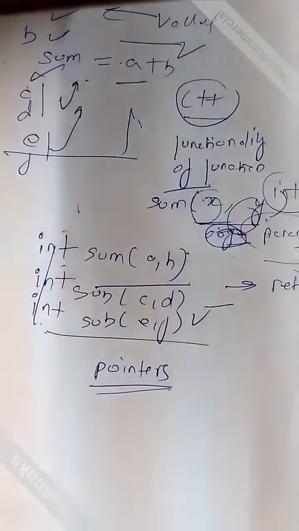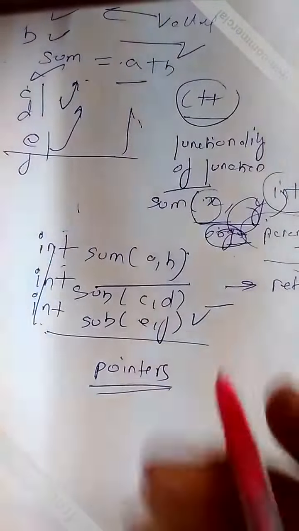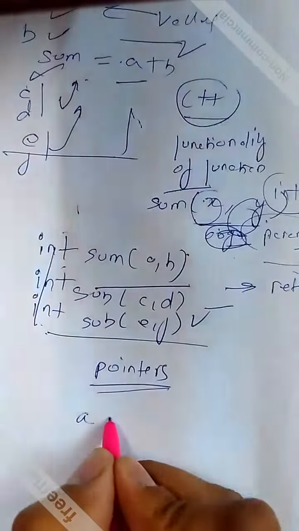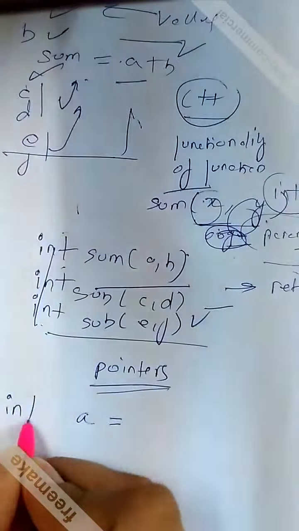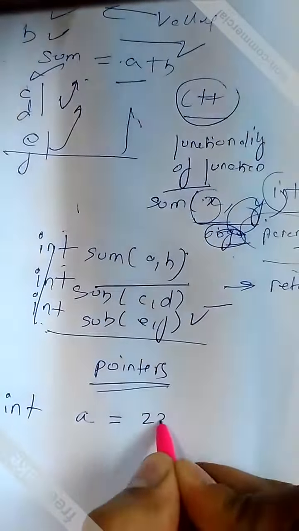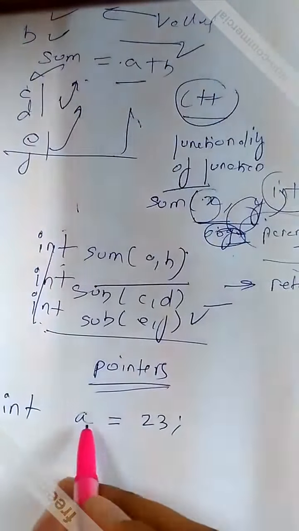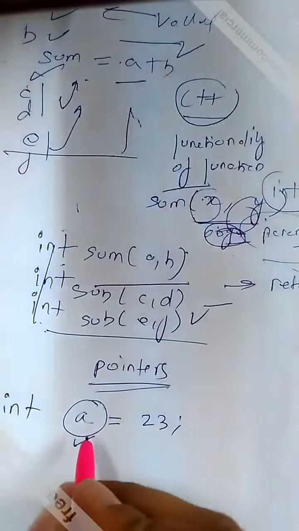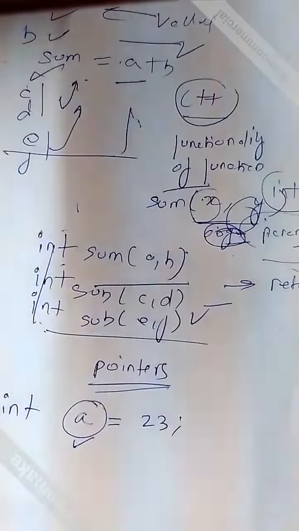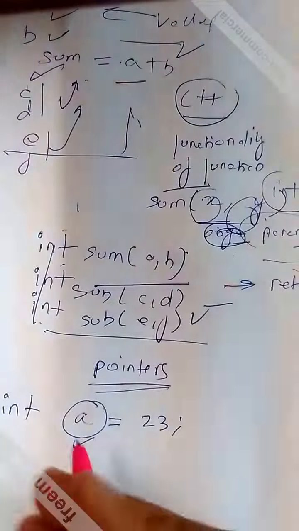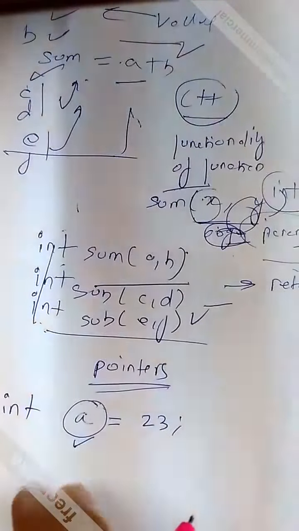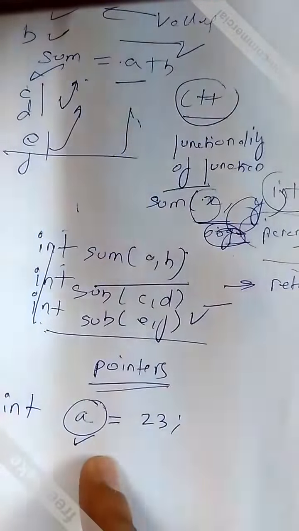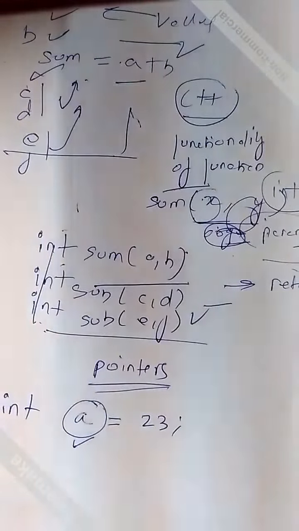And why is that? Consider a case. For example, we have a variable a, which is an integer, and we assigned it the value 23. Now this a will be initialized, and the memory allocation will be done in the RAM. When we have to access this variable a, it will be accessed from RAM.